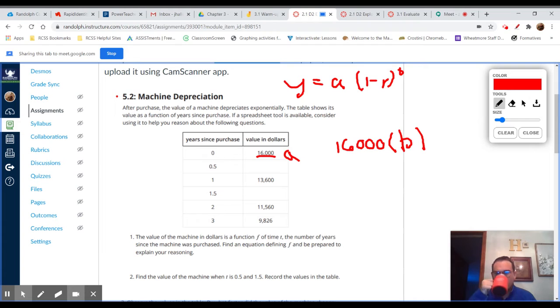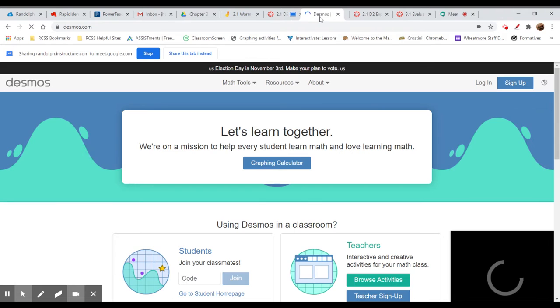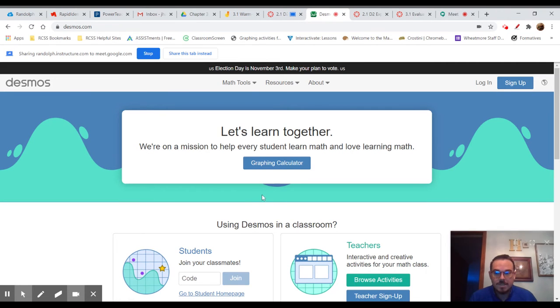What we know is that if we go 1 whole year, the new value is going to be 13,600. I could do this a couple of different ways, and one that might be super helpful is to use Desmos. Like we've said before, Desmos is a fantastic tool.